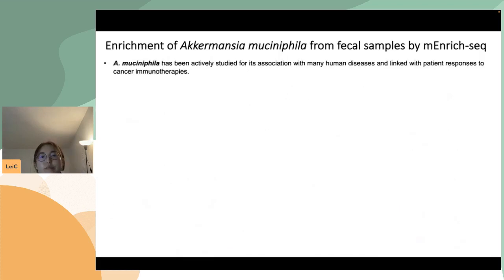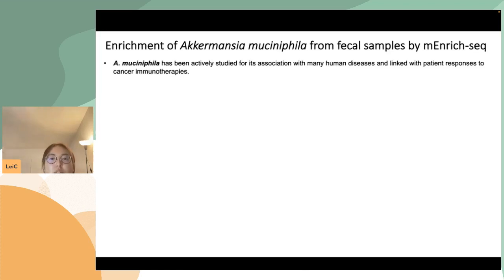Next, I will show an example of using mEnrich-seq to enrich a beneficial bacteria, Akkermansia, from an infant fecal sample. We are focusing on this bacteria because it's gaining more and more interest due to its association with many human diseases and its link with patients' responses to cancer immunotherapies.